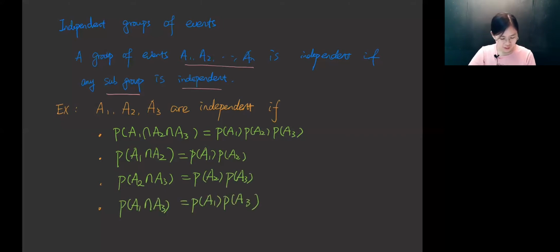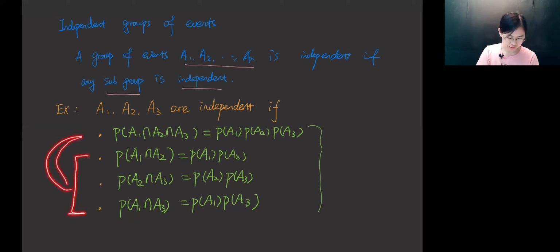So why does the independence of the group of events require so many equations to define? You might wonder whether these 3 pairwise independence conditions imply the independence of the 3 events.